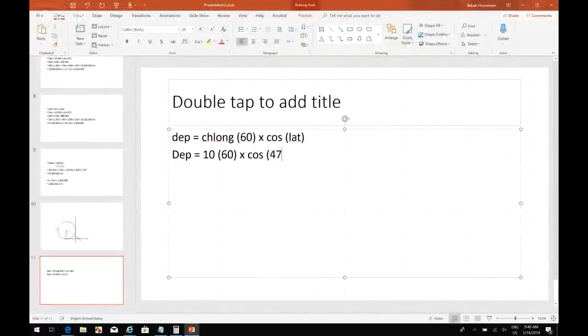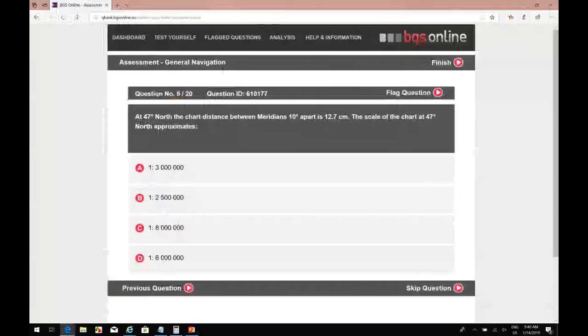Cosine 47. Departure equals 600 times cosine 47, which is 0.6868. So times 600 is 409. 409 nautical miles. The scale of the chart at 47 degrees north.